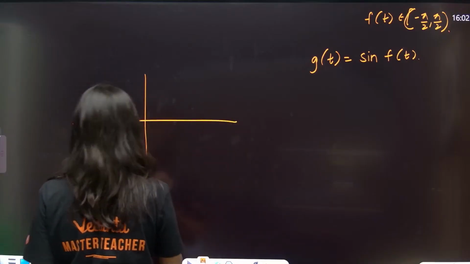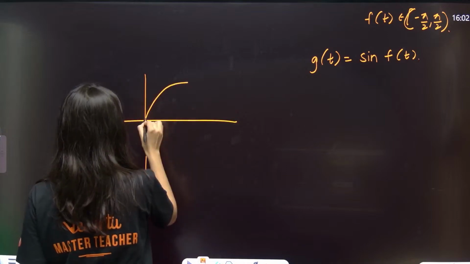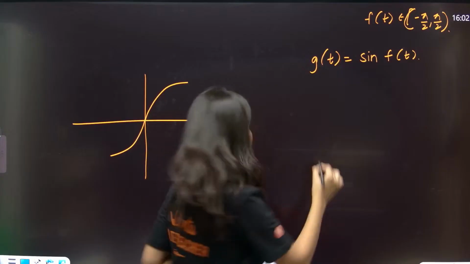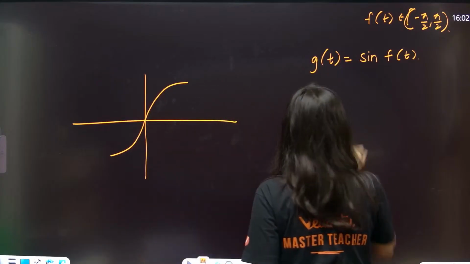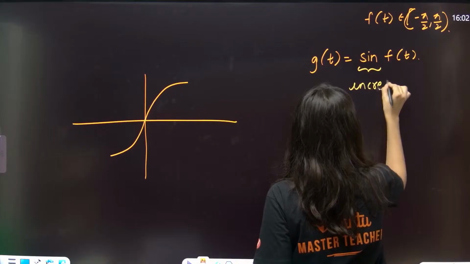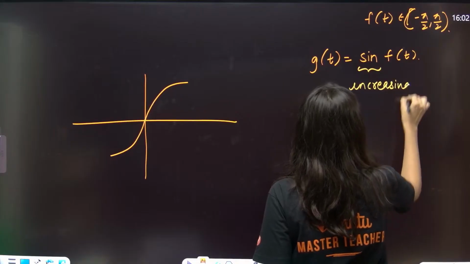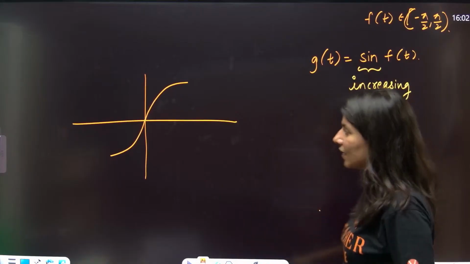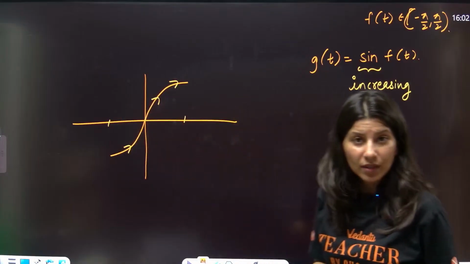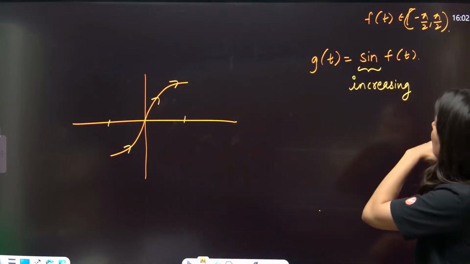So if I just draw the sine function, can anybody tell me what is the nature of the sine function? This is an increasing function. Can you see this is an increasing function between minus pi by 2 to plus pi by 2? I am only talking about minus pi by 2 to plus pi by 2.